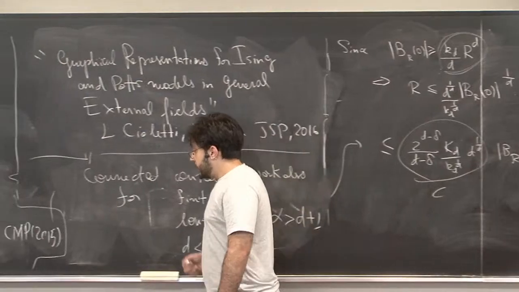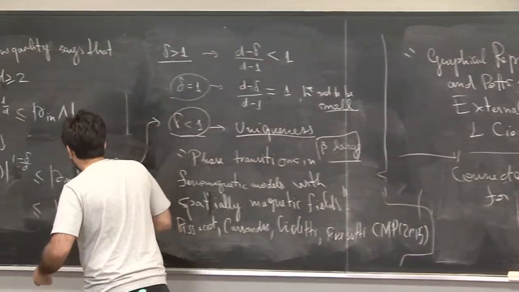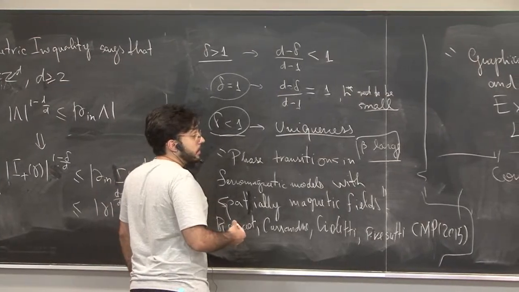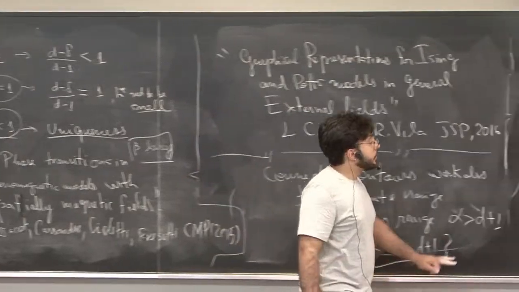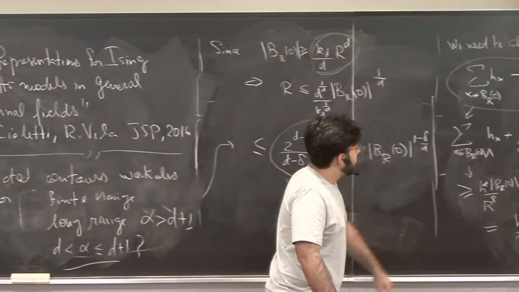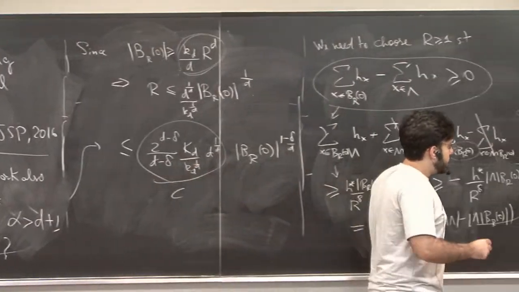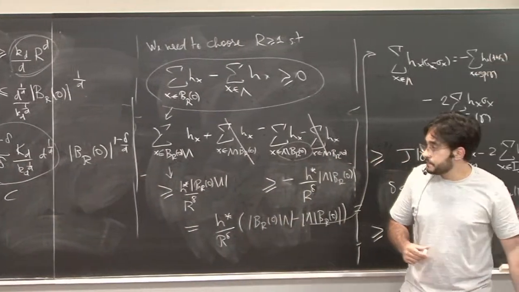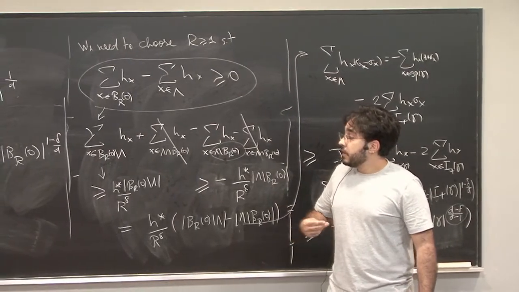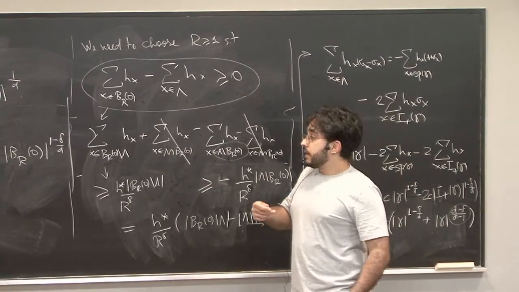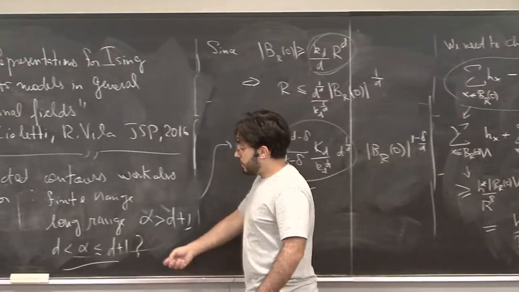And there is another drawback of this kind of argument using correlation inequalities: if I put a decaying field, for instance, if I consider a decaying field in the model with the long range interaction, then I cannot use correlation inequalities, okay? So I don't know what happens for the phase transition in this case right here.